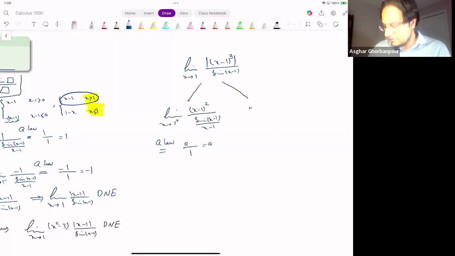The left limit would be x minus 1 squared over sine of x minus 1 over negative x minus 1. Yes, so maybe I should have put this negative up there. So that would be the quotient law, and it will be negative 0 over 1, which is 0.